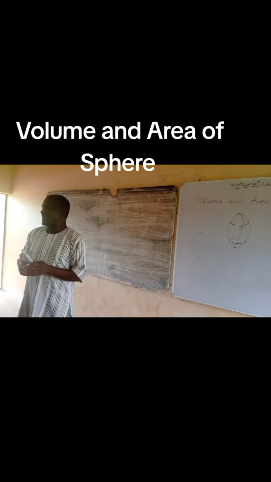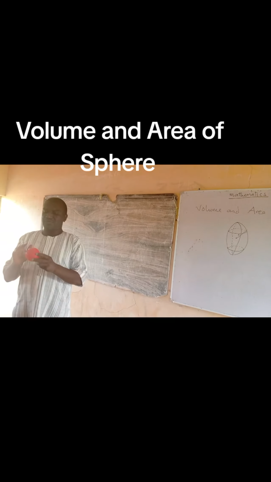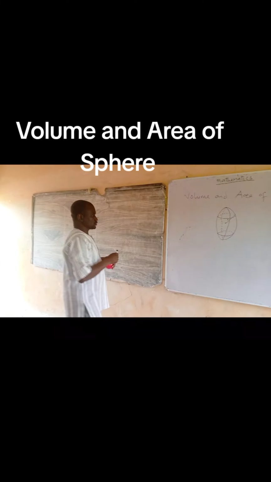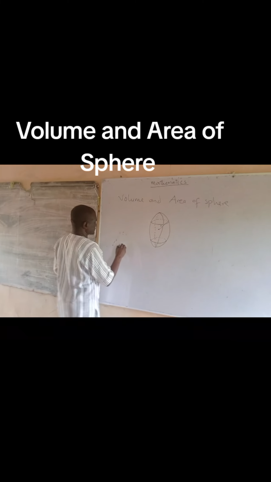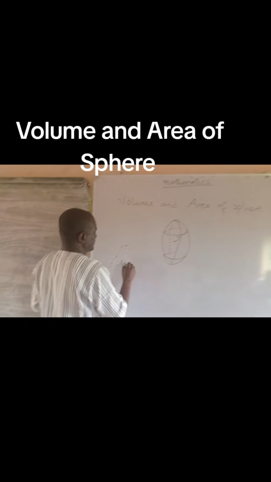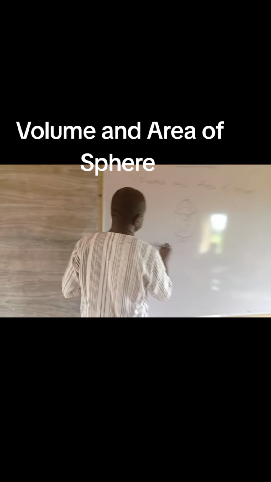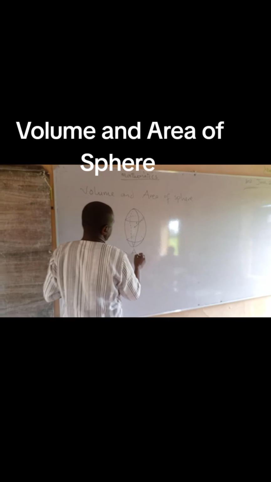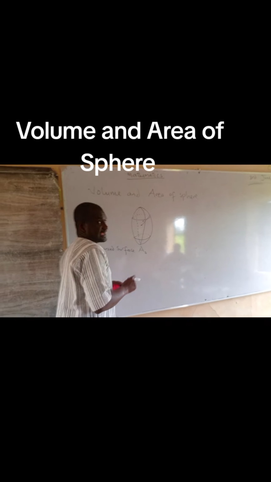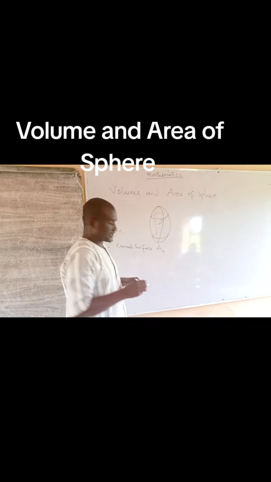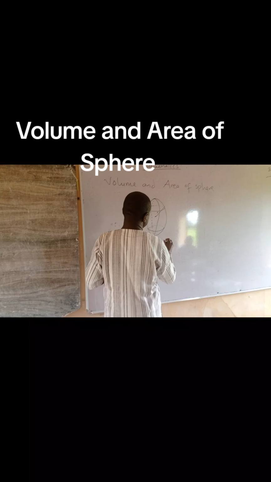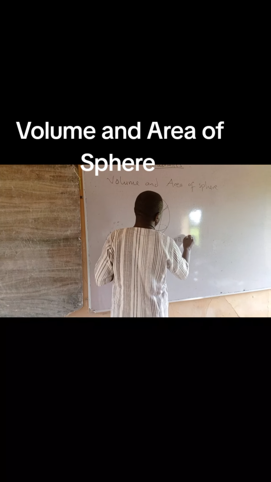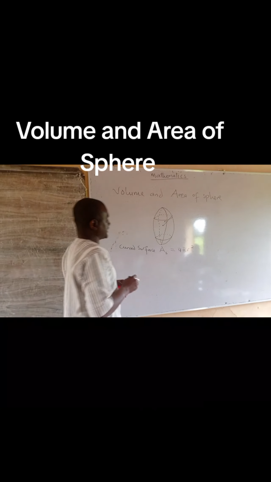Is that okay? Remember, I told you that when we're talking about the area, we're talking about the curved surface. This is a curved surface area. So the curved surface area of a sphere, I will represent as AS. Is that okay? Yes. The curved surface area of a sphere is given as 4 pi r squared. Is that okay? Yes, sir.